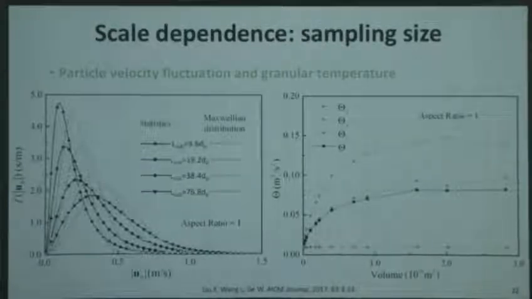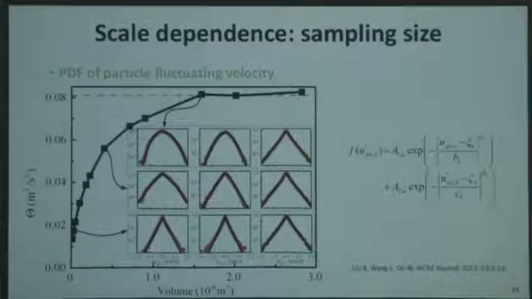This is the velocity distribution with different sampling scales in the same system, and you can find they also have different temperatures and different distributions, and they all do not fit the Maxwellian law. And here you can see more clearly this dependence of granular temperature on the scale. So then we try to understand why there is such a behavior.